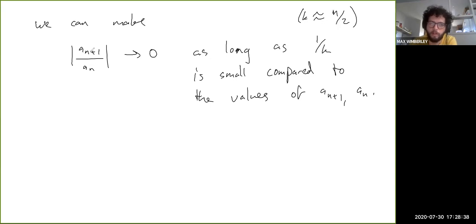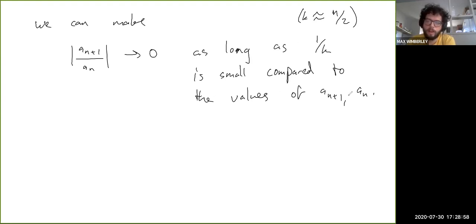Depending on whether n is even or odd, k could be the floor of n over 2, or equal to n over 2, or the ceiling of n over 2, but whatever. The point is that k is approximately 1/2 of n.